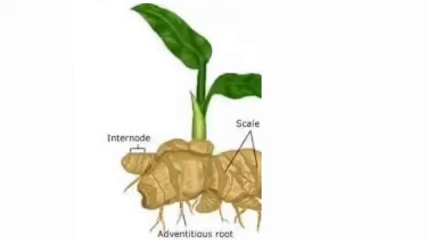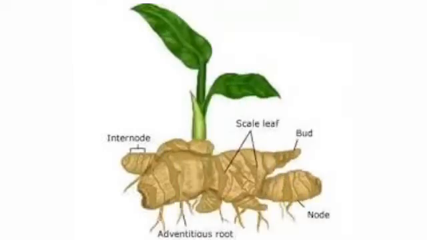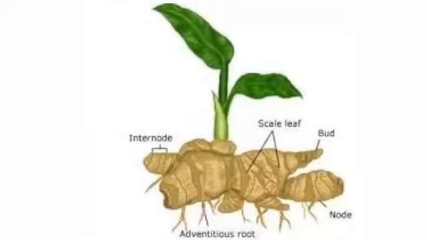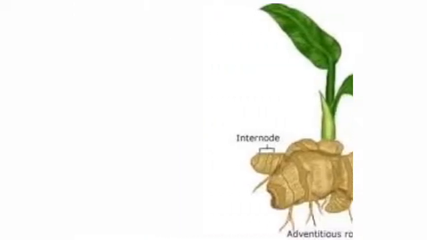First, rhizome. It grows horizontally below the soil. It is an underground thick stem with nodes and internodes, with scale leaves at the nodes. Examples: ginger and turmeric.